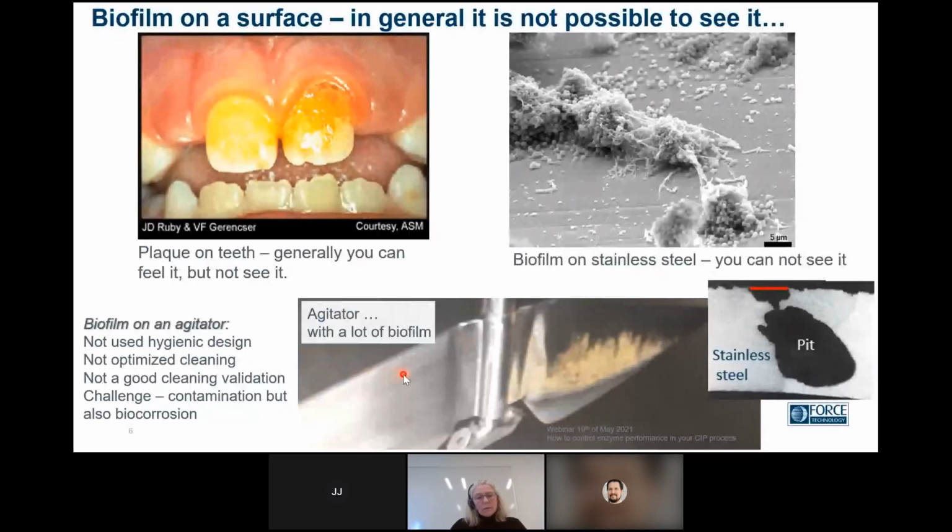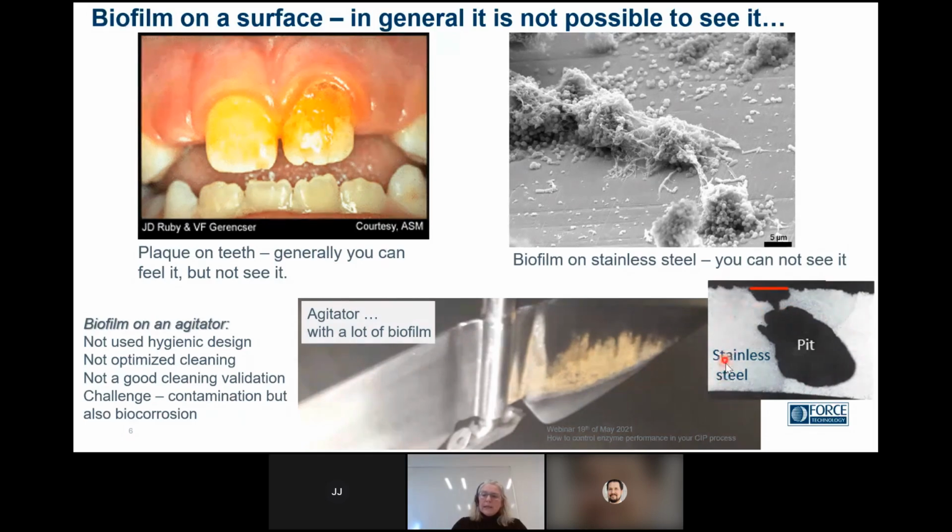What is the challenge? Well, we have contamination of the product with the microorganisms in this biofilm, but we can also have biocorrosion. And what is biocorrosion? Well, underneath this biofilm, we can get biocorrosion, which is like the picture here.